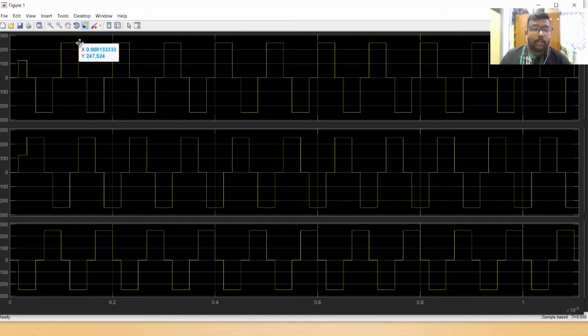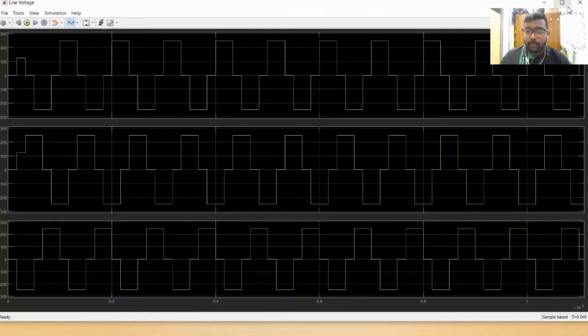The peak voltage that we input in the simulation parameters is 250 volts, and the graph produces 247.524 volts. Let's look at the negative peak. The value produced is the same but in the negative cycle, so the value is negative. Now let's look into the phase voltage.